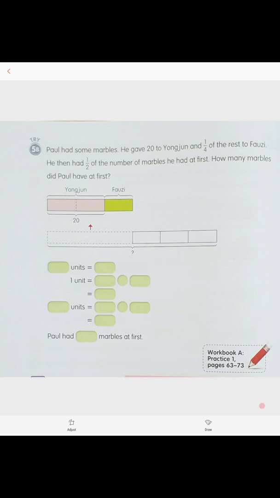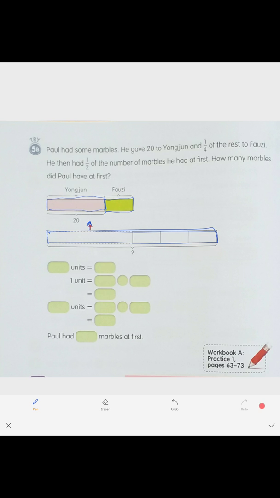So, 1/4 of the rest, right? He had some certain amount of marbles, right? After that, he gave marbles to his friends, right? So he gave away here 20 to Gwangju, right?